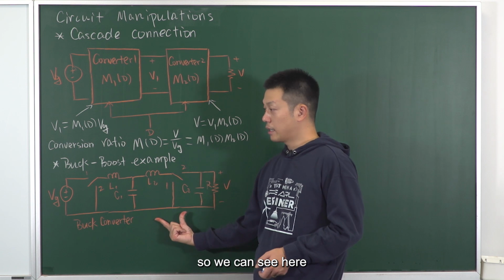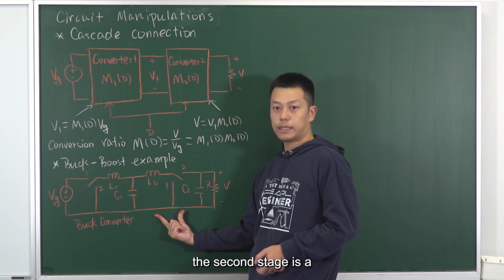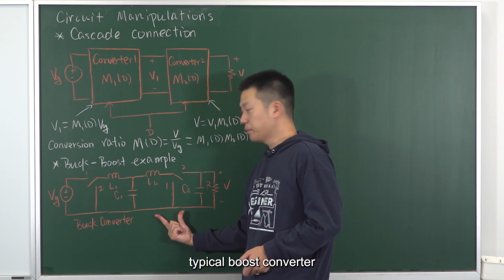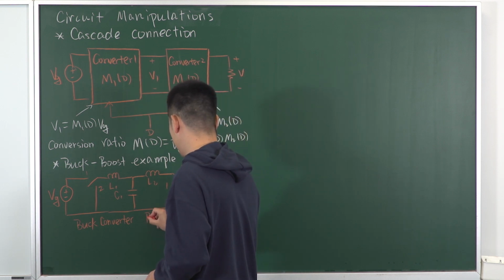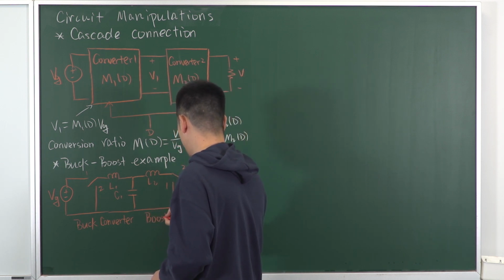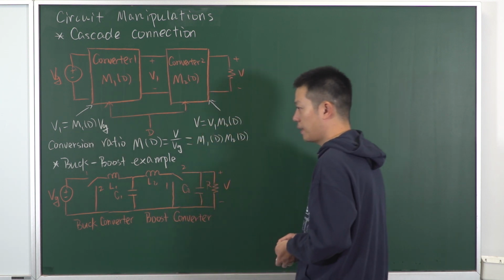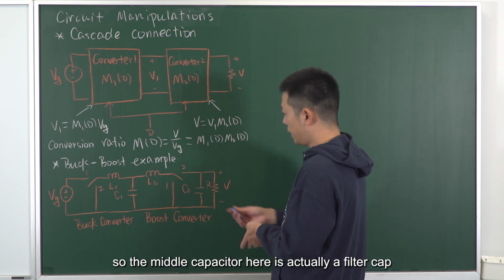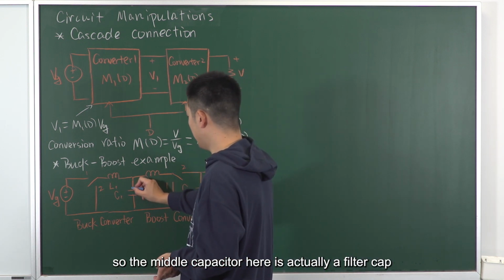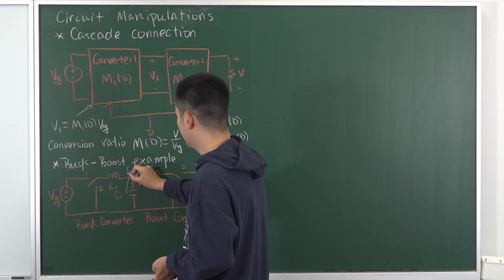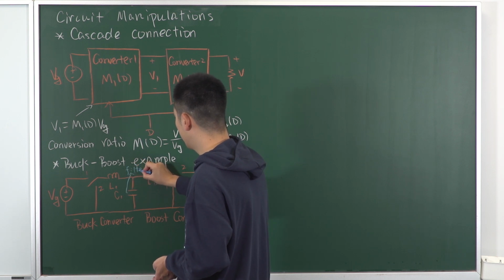So we can see here the second stage is a typical boost converter. So the middle capacitor here is actually a filter cap.